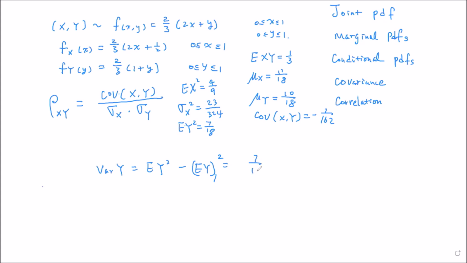I have 7/18 minus (10/18) squared, which is 5/9 squared, so 7/18 minus 25/81. With common denominator 162, I get 63 minus 50, so 13 out of 162.